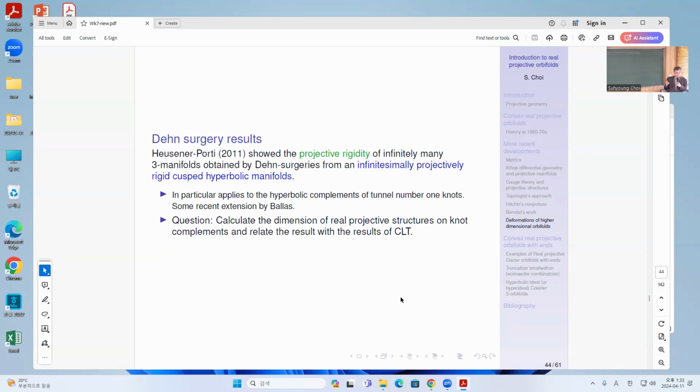Once you have that, if you do surgery on them, infinitely many of them will be projectively rigid. So you cannot deform them to non-hyperbolic ones once you start from hyperbolic ones. These apply to some tunnel number 1 knots, and the remaining thing is to calculate the dimension of real projective structures on knot complements and relate the results to CLT. We still have not been able to do that completely yet.